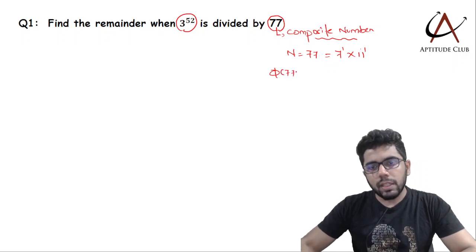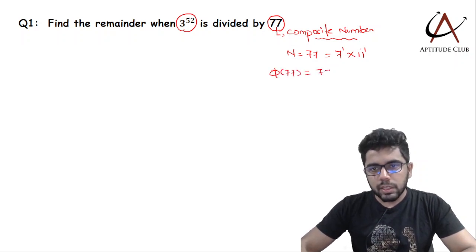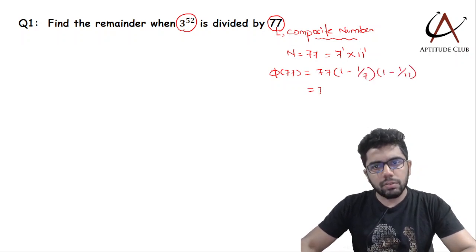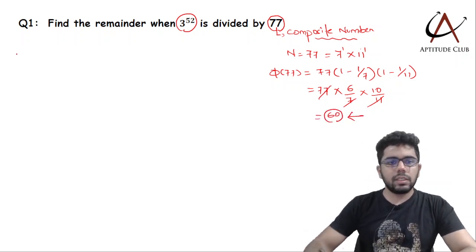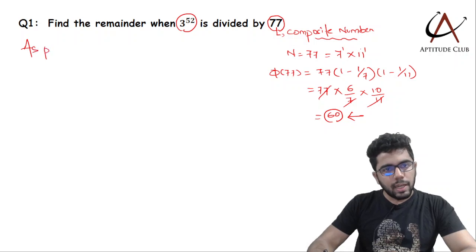So I can write phi of 77 is 77 whole into 1 minus 1 by 7 whole into 1 minus 1 by 11. This is a direct formula of Euler's totient function. So into 6 by 11 into 10 by this. So we get 60.